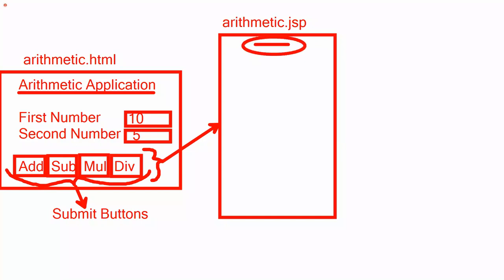What I'll do: input type equals submit, four times, but with different values: addition, subtraction, multiplication, division. But the same name I'll write. With that name, we'll get the value. Here getParameter first, getParameter second, and like that getParameter operation. For all submit buttons the same name, whichever button you click, that value comes.